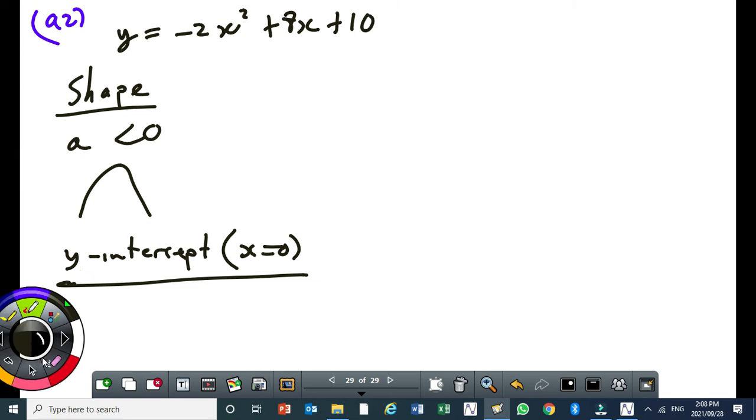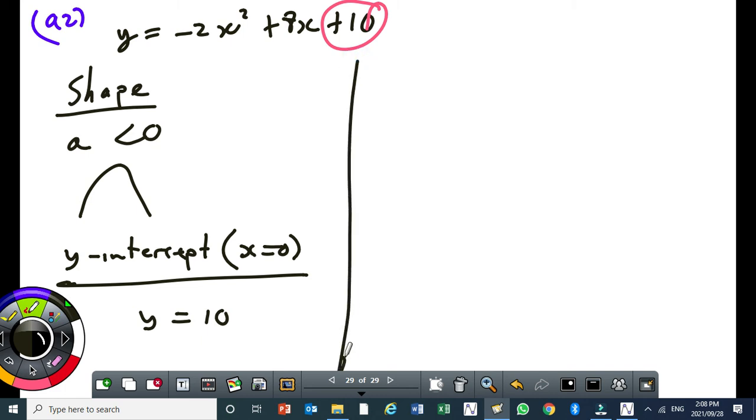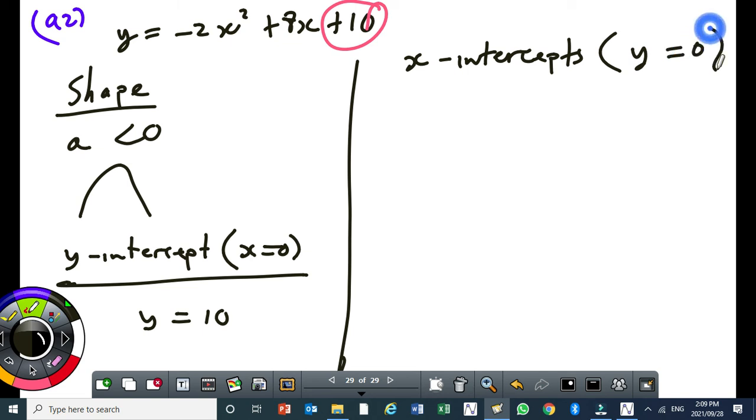So our y-intercept is this value here, positive 10, y equal to 10. Then the x-intercept, y will be 0. The x-intercept.